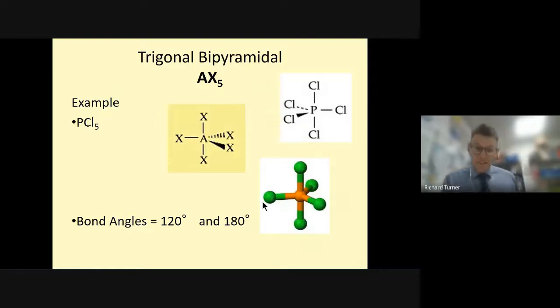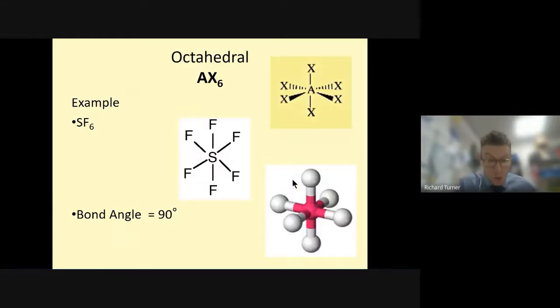If it's got 5, trigonal bipyramidal, double pyramid. So we've got 2 bond angles here, 120 along the axial plane and 180 on the equatorial. And our unbelievable, really good example of an octahedral.